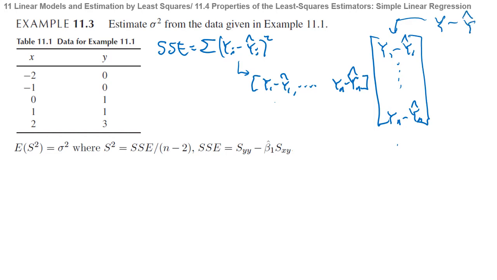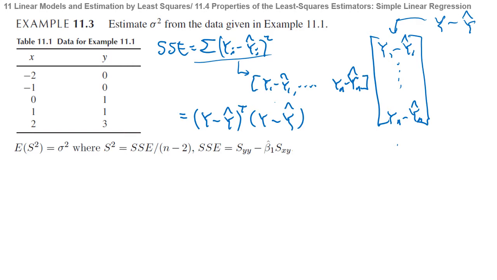If we define this vector this way, then this sum can be written as y minus y hat transpose y minus y hat.